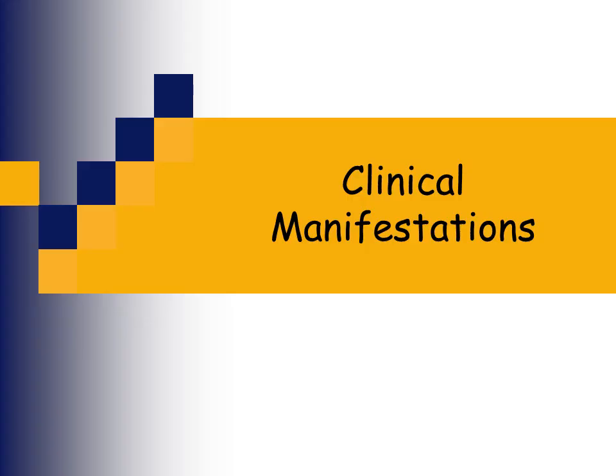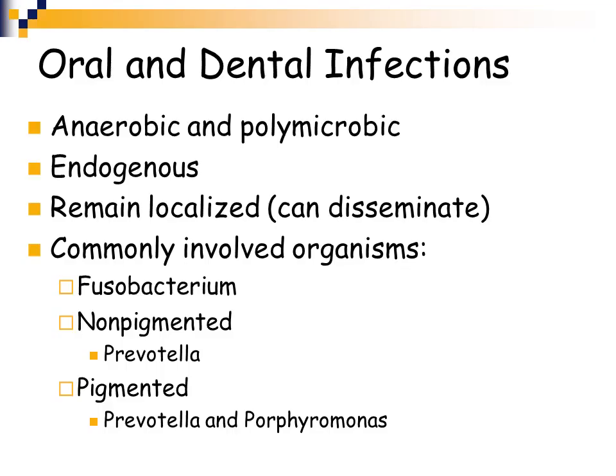Now, the clinical manifestations of the gram-negative anaerobes. Many of these organisms cause oral and dental infections. So remember, we said that our anaerobic bacteria, just like our facultative bacteria, can be normal flora. So a lot of these organisms are normal oral flora.